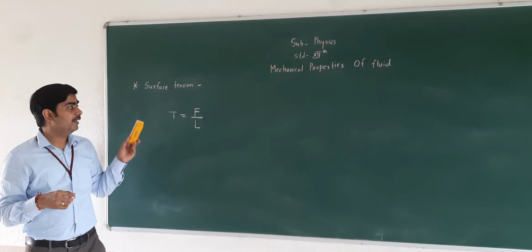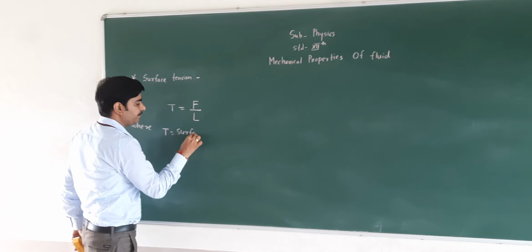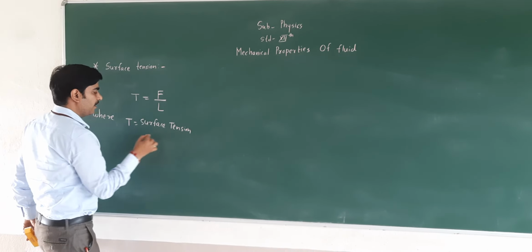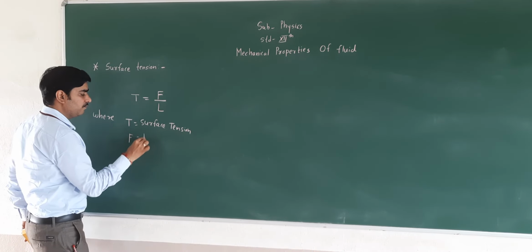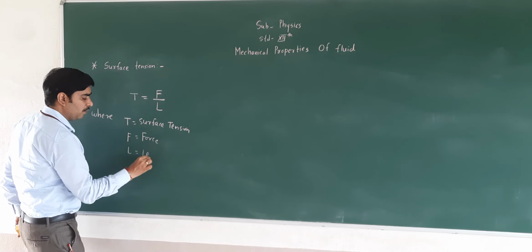So its mathematical formula is T is equal to F upon L, where T is equal to surface tension, F is equal to force, and L is equal to length.